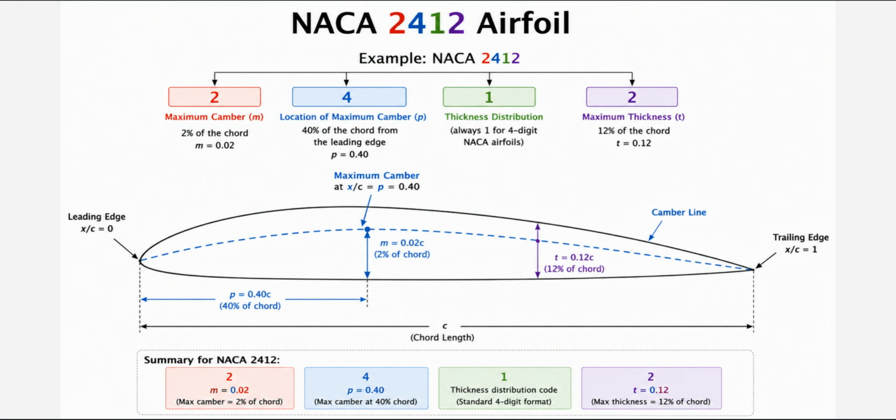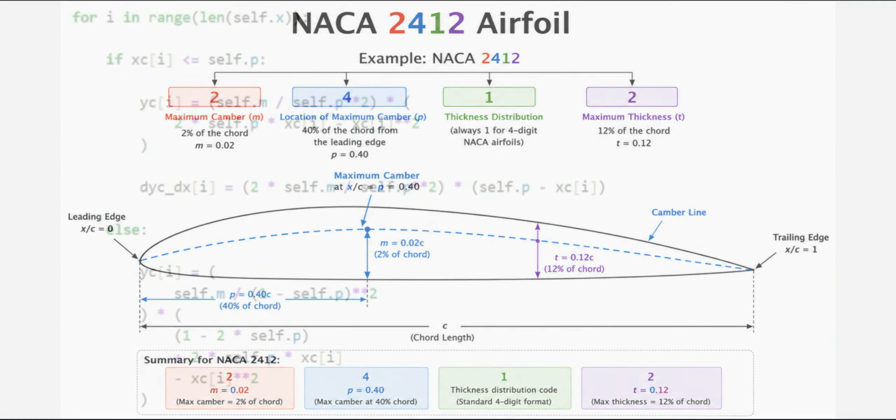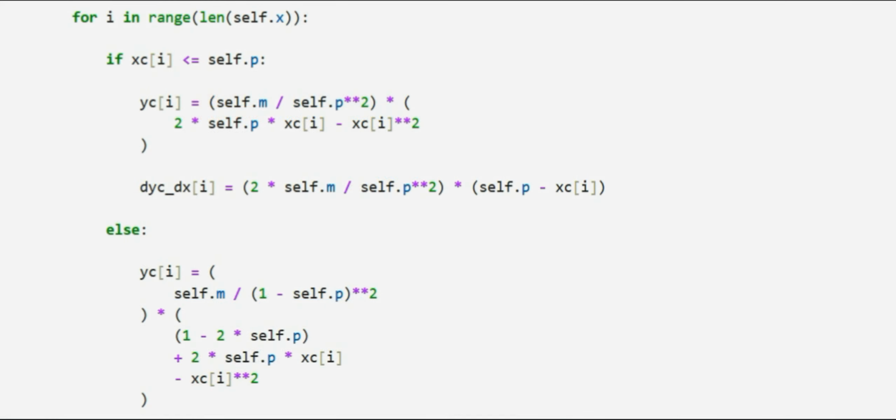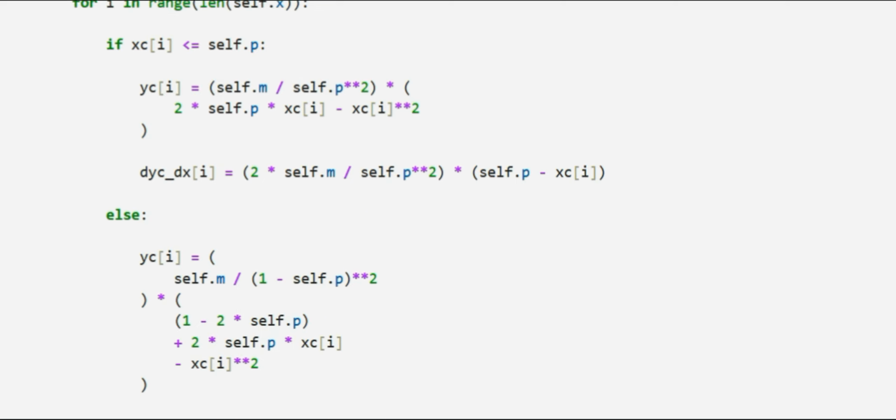For example, for a NACA 2412 airfoil, the maximum camber is 2% of the chord, located at 40% of the chord. The code checks the normalized x-coordinate and selects the appropriate equation for each point.